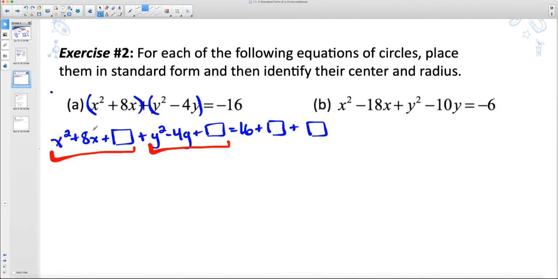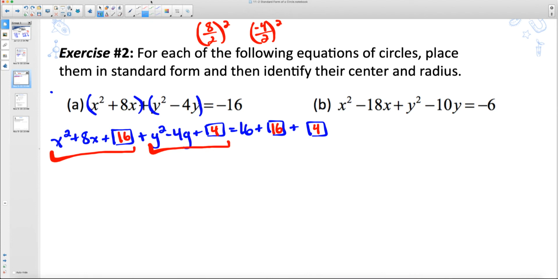I'm going to take my b value, which is 8, half it, and then square it. So that's going to be 16. Take -4, half it, and then square it for the y's, and that's going to be 4.